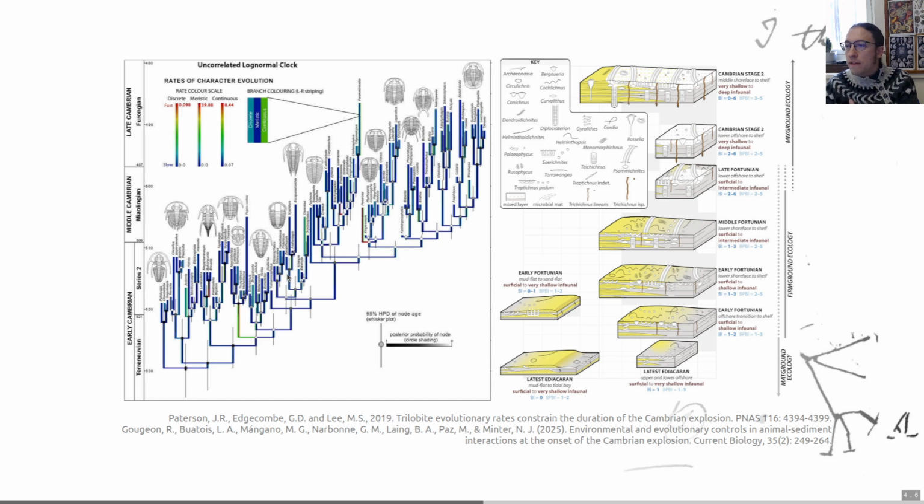And so they've used this morphological data to derive a tree showing the relationships between the trilobites that were alive during the Cambrian period, but also to analyze the rates using a range of different models that are shown in different colors here for these trilobites.